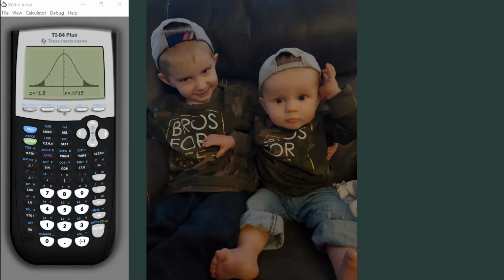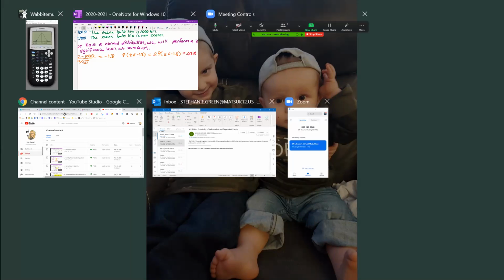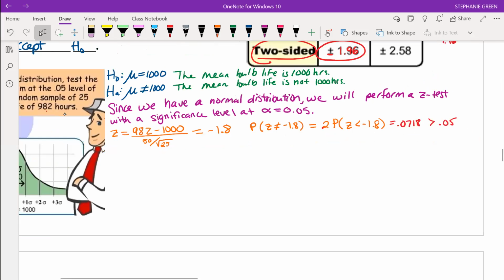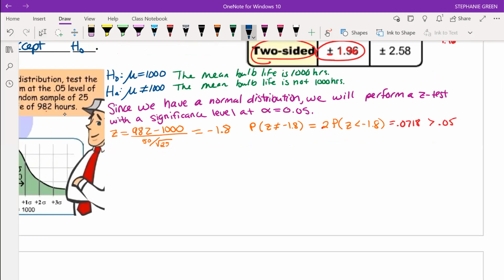So I'll go back to my notes. We simply need to state our conclusion now. I like to state my conclusion the same way every time, no matter how I go about it.